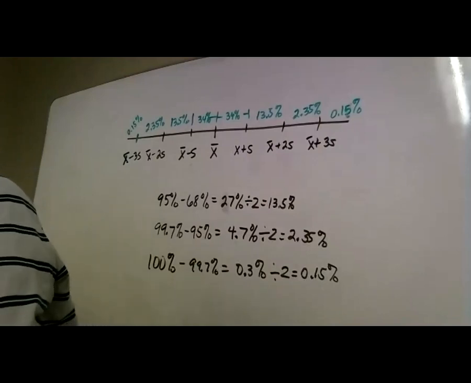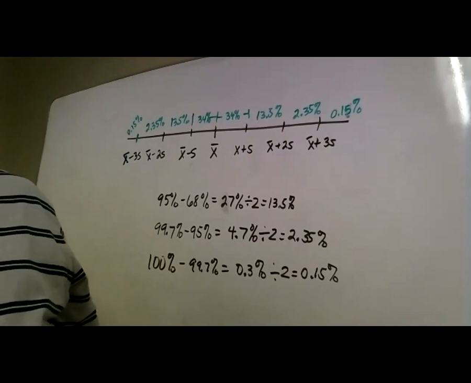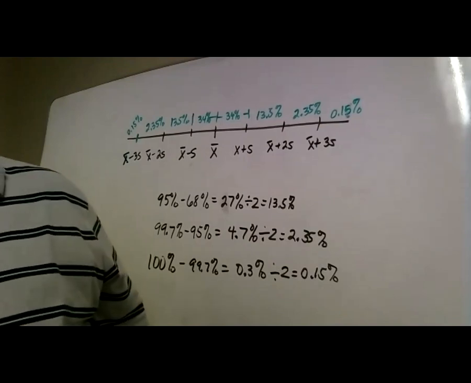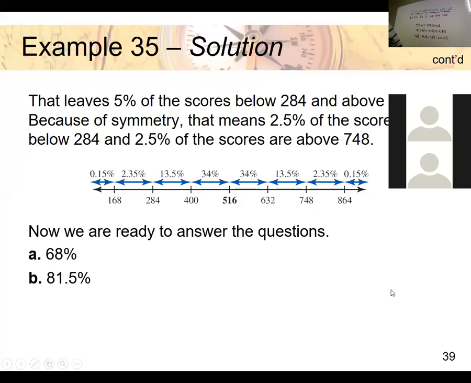Any other questions? Okay, I just want to go ahead and clear everything up before we move on here. So I guess we got part A and B taken care of.